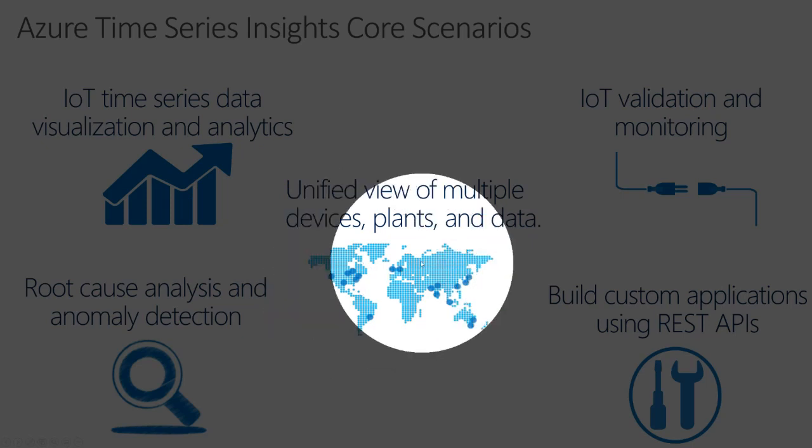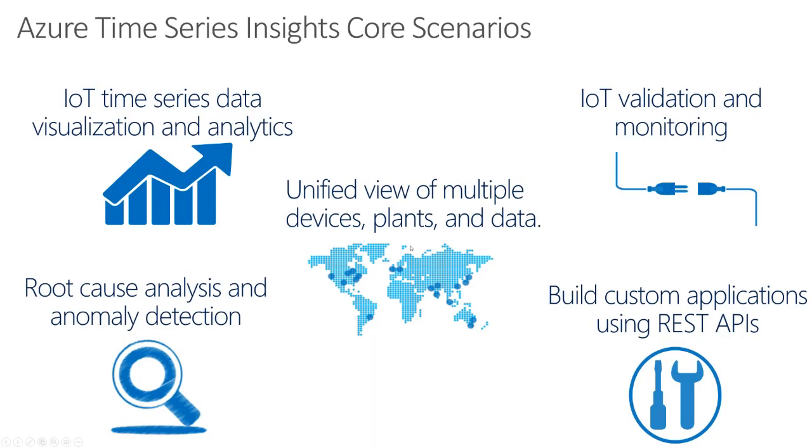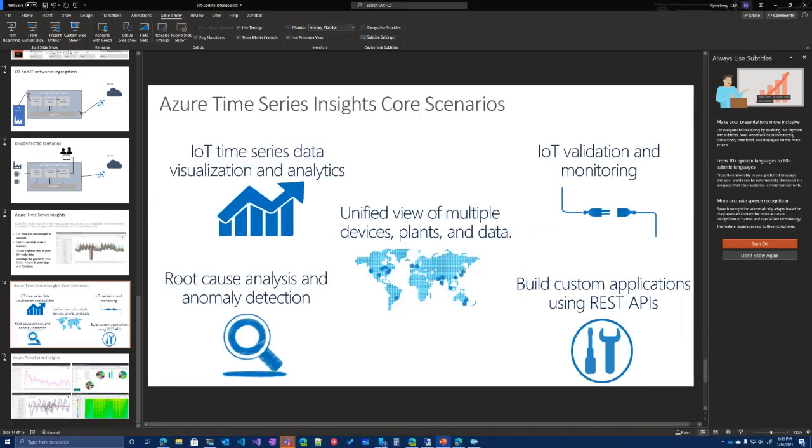It allows you to create dashboards and show all your devices across plants and data coming in. You have some alerting, and you can also plumb this into some of the anomaly detection capabilities we have in Azure to trend data over time and alert you if there's any abnormality with data as it's coming in.